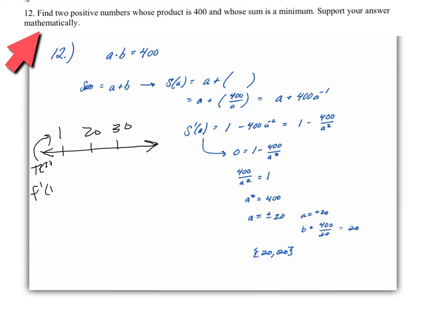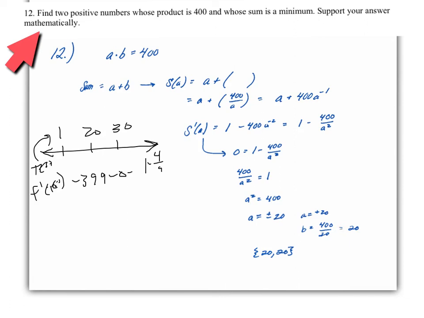What is the value of those test values in the first derivative? At 1, I get 1 minus 400 over 1, so that's negative 399. Obviously, we get 0 for the horizontal tangent line at 20, and at 30, I get 1 minus 400 over 900, so that's 1 minus 4/9 when I reduce.